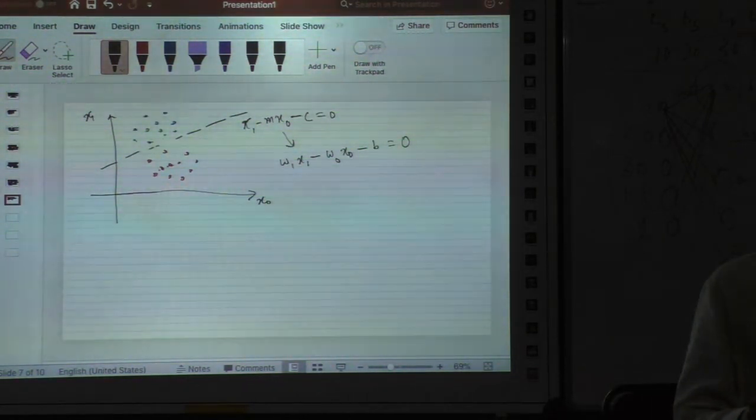Just like I have m and c here, I have w1, w0 and b here. Is this acceptable?